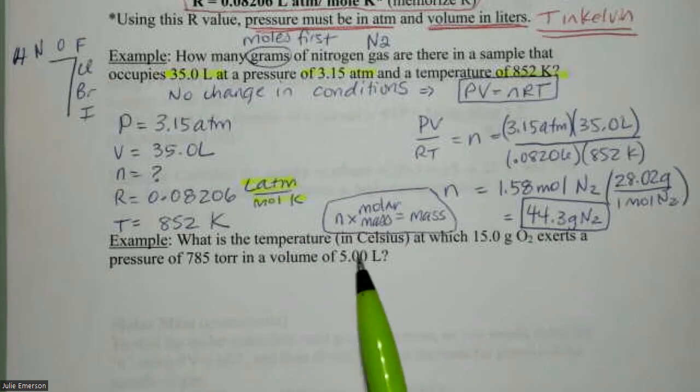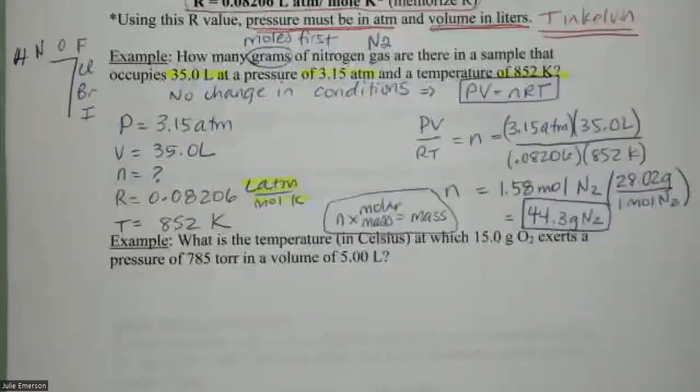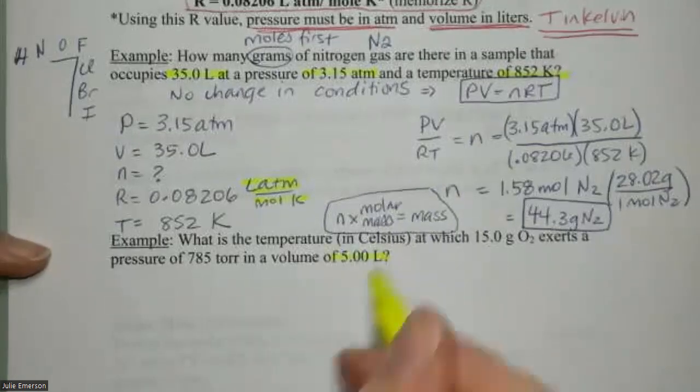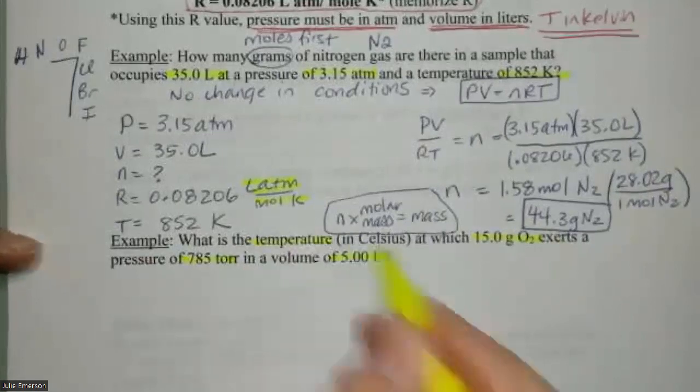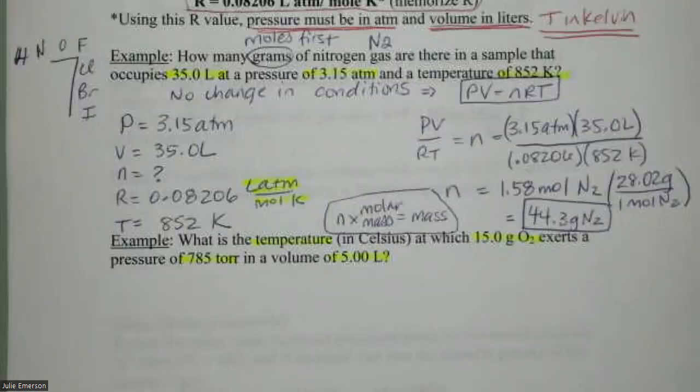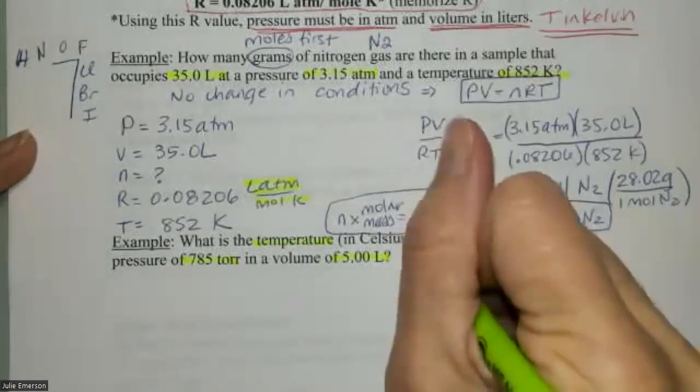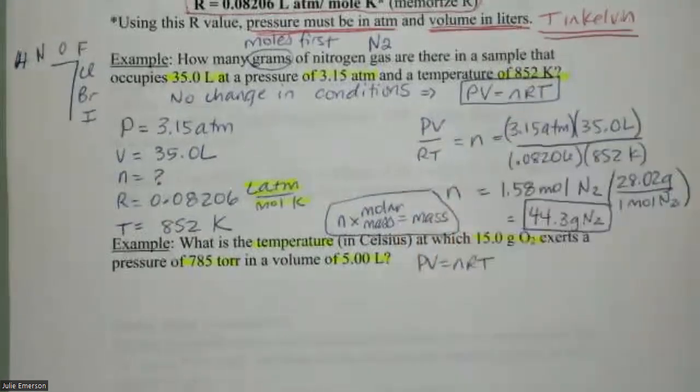So again, what I'm looking at here is I only have one volume, I only have one pressure, and I have mass, and I want to know temperature. So again, there's no change in volume, there's no change in pressure. It's a snapshot. We're just looking at this sample at these conditions, right? That's where your PV=nRT formula comes in.